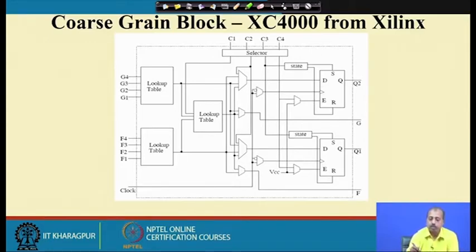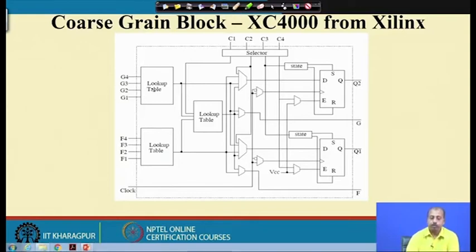Here we have this type of lookup table. A lookup table, this has got 4 inputs G1, G2, G3, G4, so it can realize any 4 input function. Similarly, this lookup table also can realize any 4 input function.